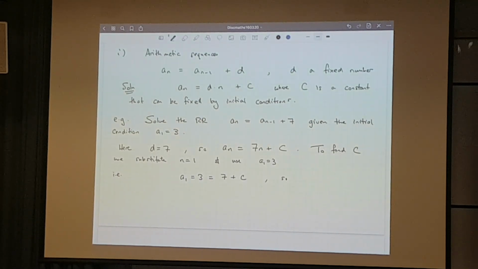So c is equal to minus 4. And the solution is a_n is equal to 7n minus 4.